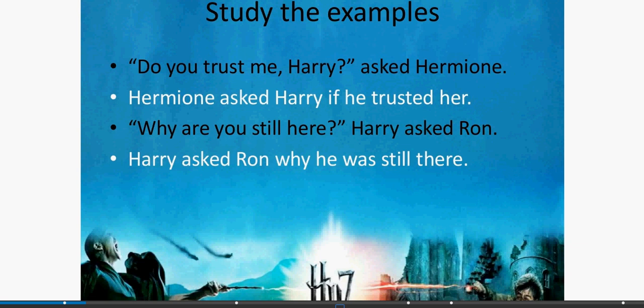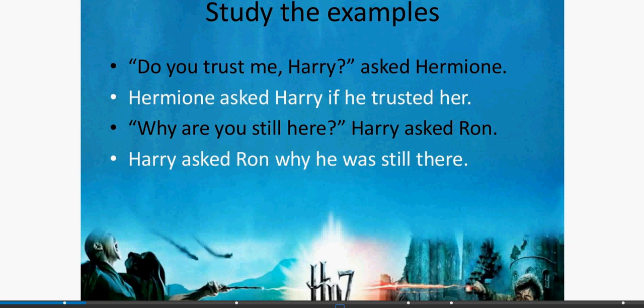So Harry asked Ron. I use why. Teacher, I don't find if here like in the previous one. Because in the case of the WH question, you use the same WH word. So if you have what, why, where, when, or how much, you use it the same to connect what is outside the brackets and what is inside the brackets.